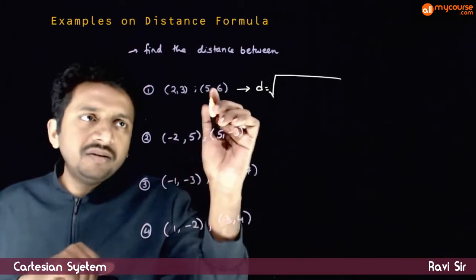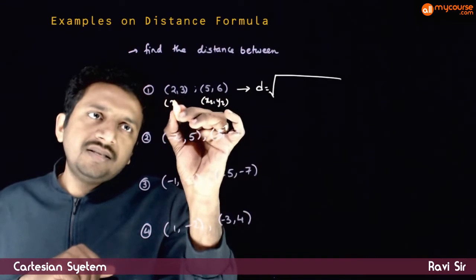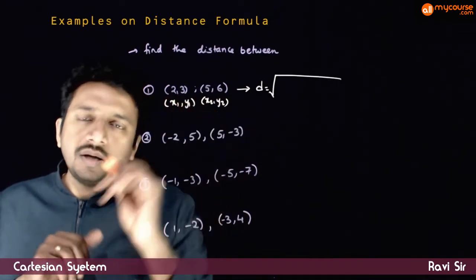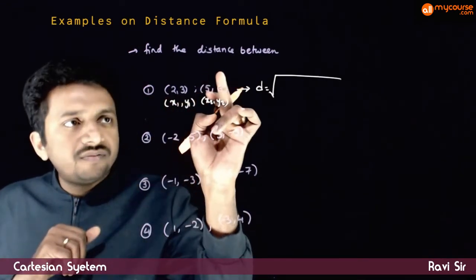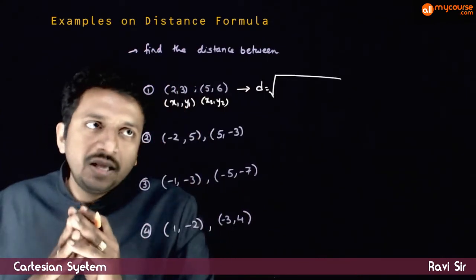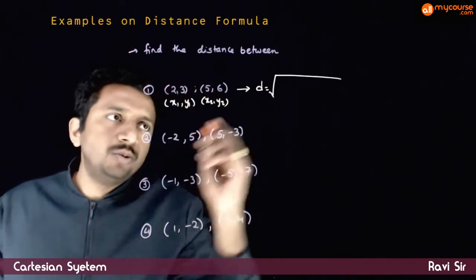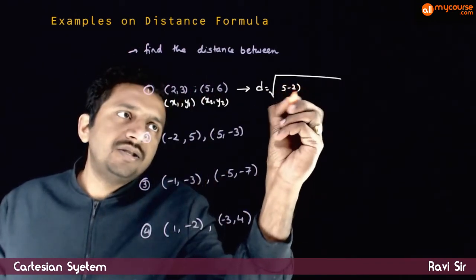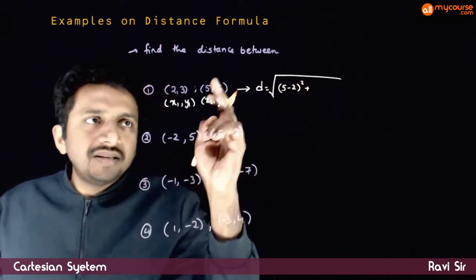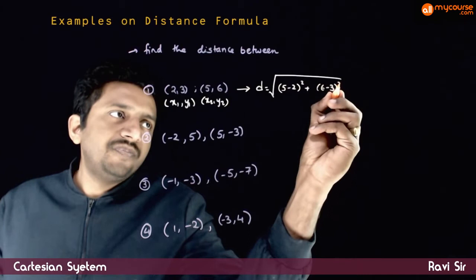So let these be x2, y2, and let these coordinates be x1, y1. So x2 is 5, y2 is 6, x1 is 2, y1 is 3. So (x2 minus x1) is 5 minus 2, whole square, plus (y2 minus y1), 6 minus 3, whole square.